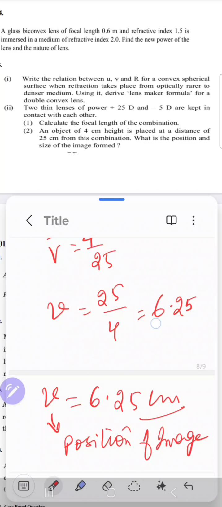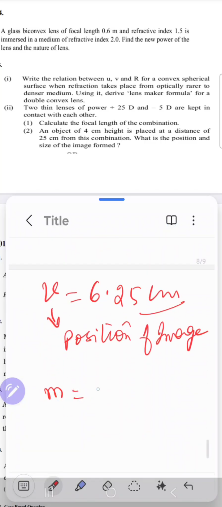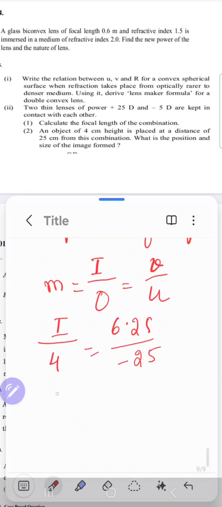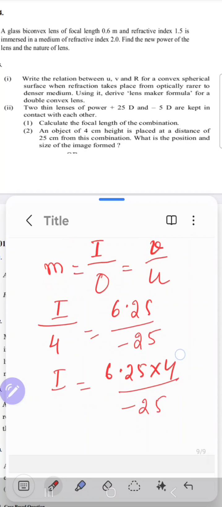We need to find out the size of the image also. Size of image, we can use the formula magnification is image size over object size, which is equal to V over U. So I is to be calculated. Object size is given as 4 centimeter in height. V is 6.25 and U was minus 25. So I is what then? 6.25 into 4 over minus 25.